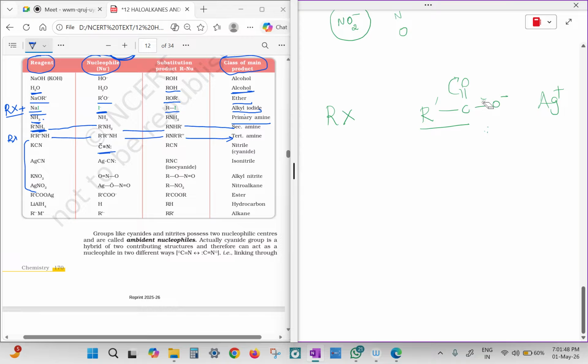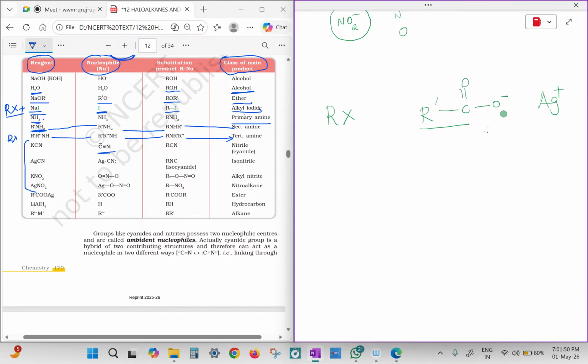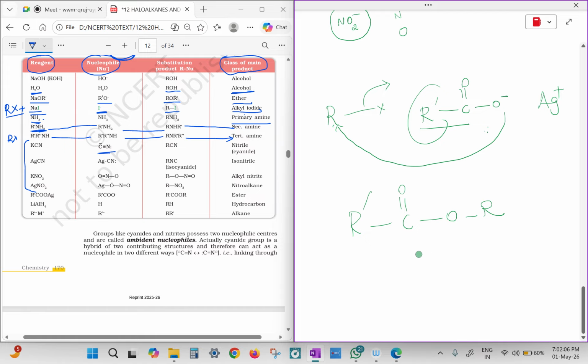Because of that resonance, the O minus acts as a nucleophile, drives out your halide, and you get R dash C double bond O, O, R. So you get an ester. This reaction, excepting for this table, you will not find anywhere else in the text.